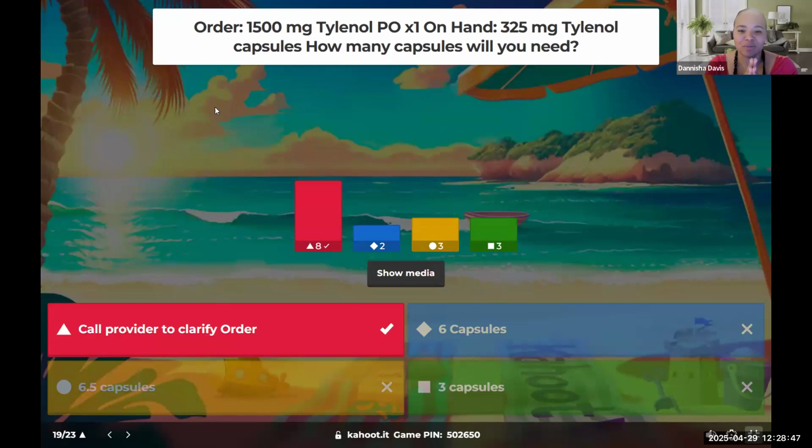There it is, Cheryl. Can't give the right dose, right? Because we can't halve capsules. We can't break a capsule. So we need to call the physician. Any other answer you put in there, you made it up. Okay? We don't make up things when we're giving medications. We have to be exact.